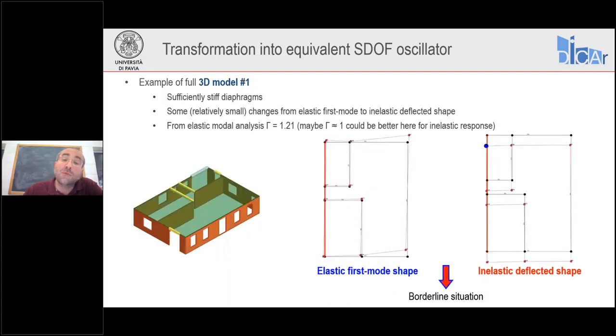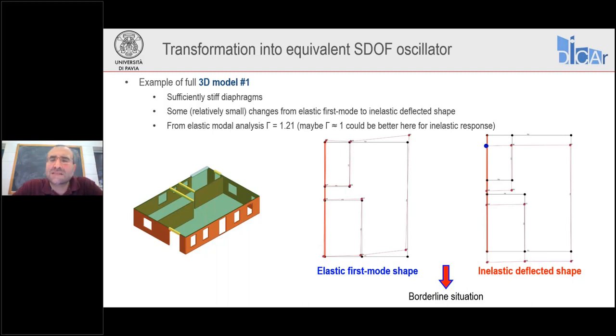But this is the easy case. As I said, when we move to 3D models, things may not be that straightforward. In this case, we have a stiff diaphragm, or at least a diaphragm with sufficient stiffness to couple the response of parallel walls.